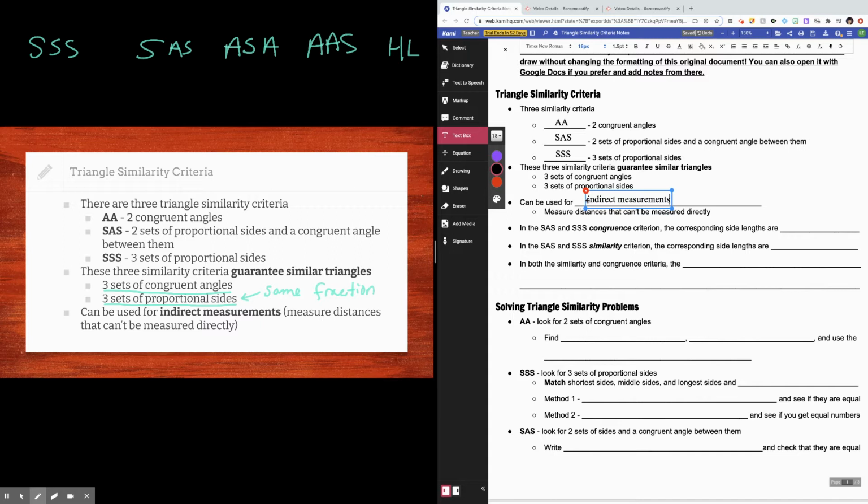So if we can build models that are the same shape as the thing that we're trying to measure but a different size, then we can use our knowledge of proportions in order to figure out what those lengths are, without having to actually measure them. So pretty cool.